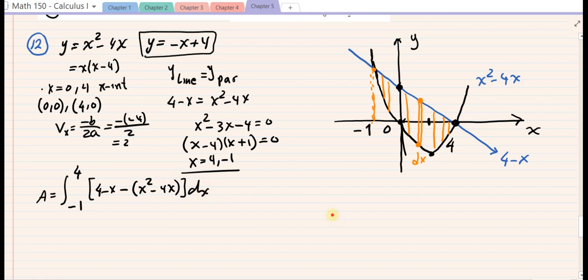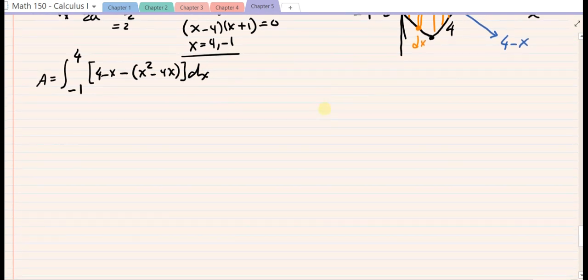And there you go. Pretty simple integral to evaluate. So this would be negative 1 to 4. Now just working the specifics of this. Put the number first. Like terms, negative x and plus 4x, that's positive 3x minus x squared dx, right?